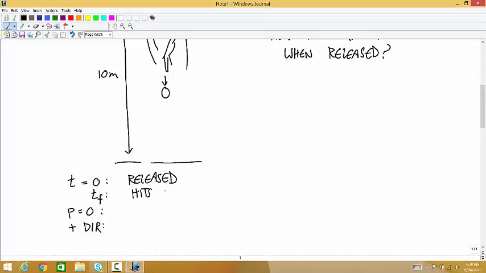Yep, right. Just before it hits the ground. And position equals 0. There's probably two sensible choices. I tend to choose the ground, so I'm going to do that. And then it's a free fall problem, so let's choose the positive direction up.